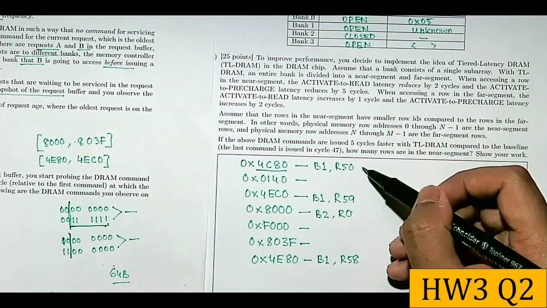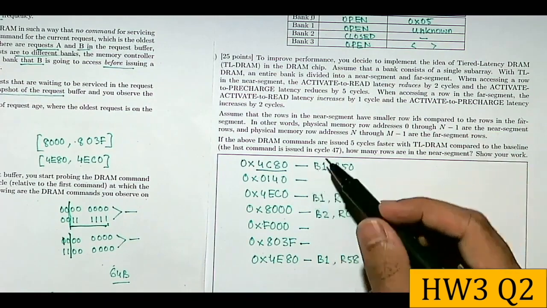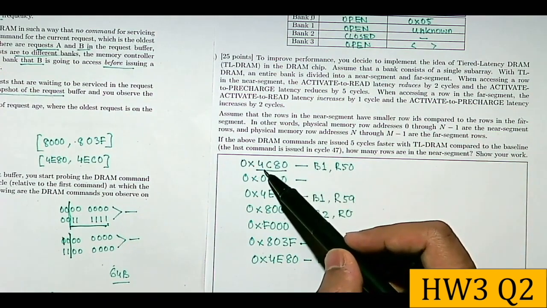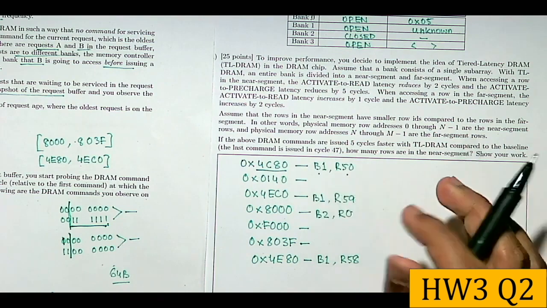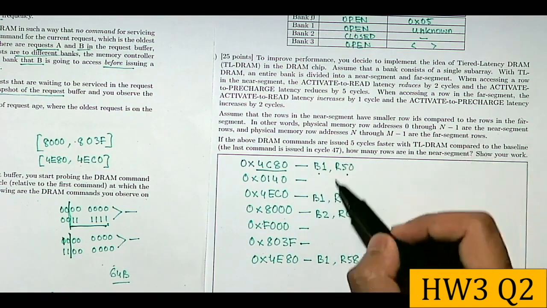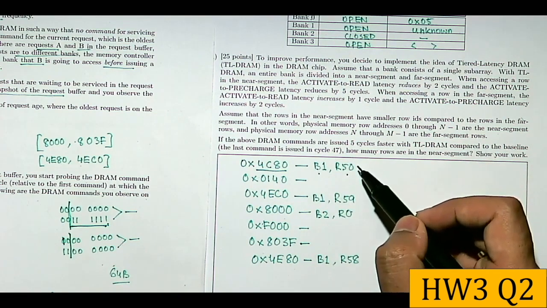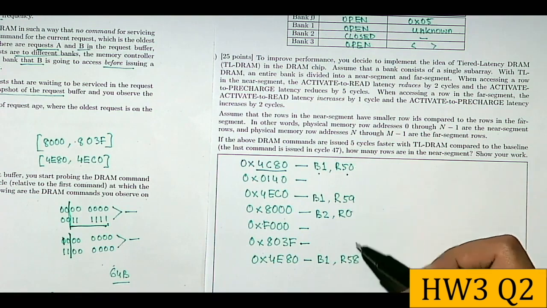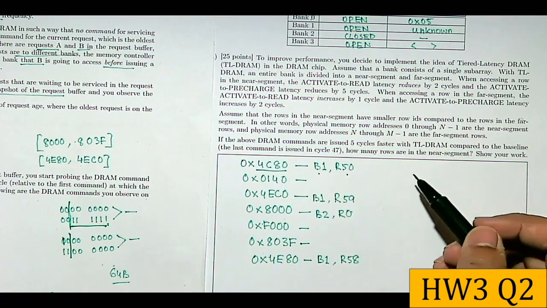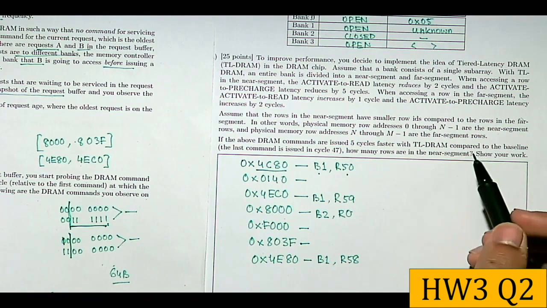And the second thing we know is that these are the accesses which generated an activate request, and these accesses are happening to this bank and this row. Just by seeing this, you can probably get an idea that it might be somewhere between 58 or 59 or maybe 50. That's just a hunch.